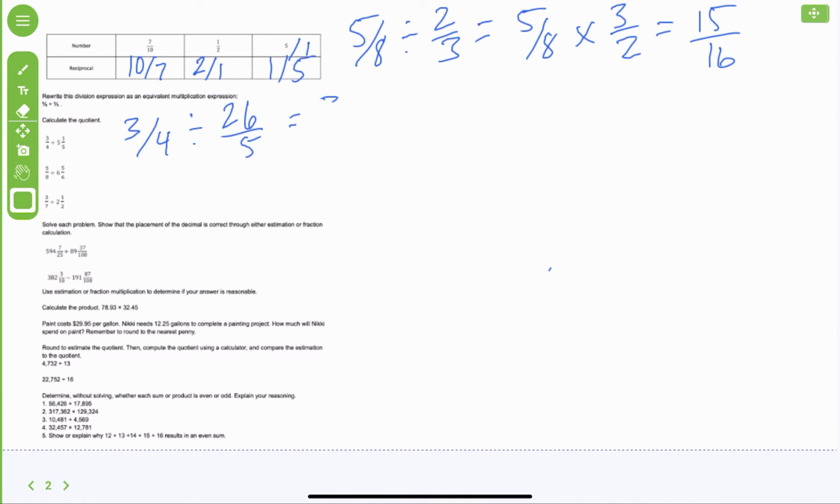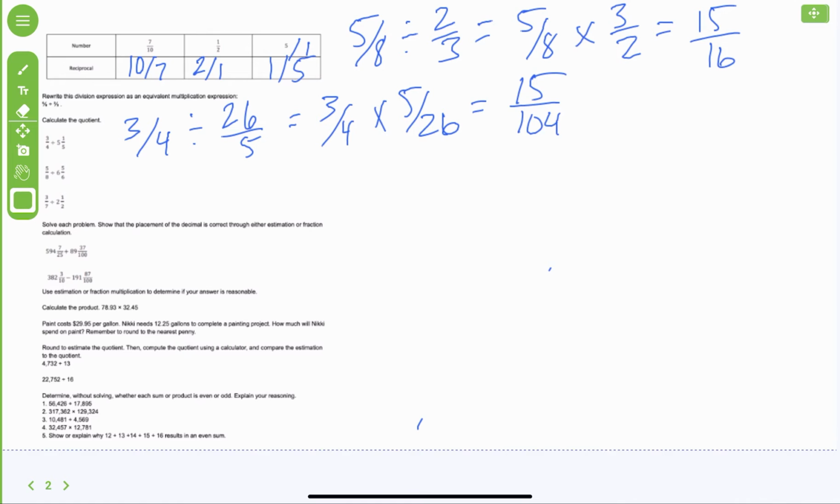Now we're going to flip that. Okay. Now can we reduce any of that? Don't look like it. So we have 15/104. Okay.